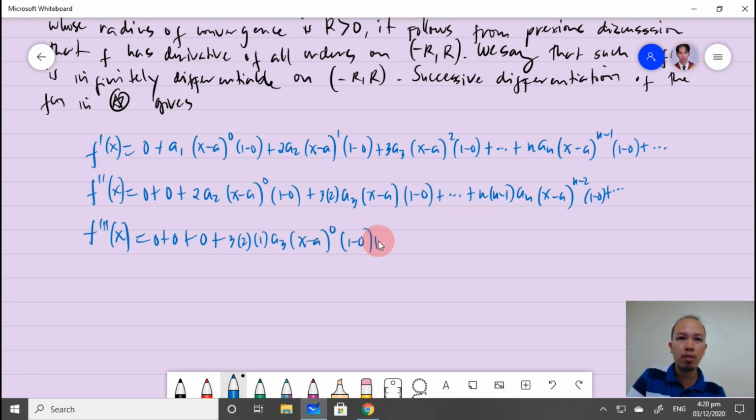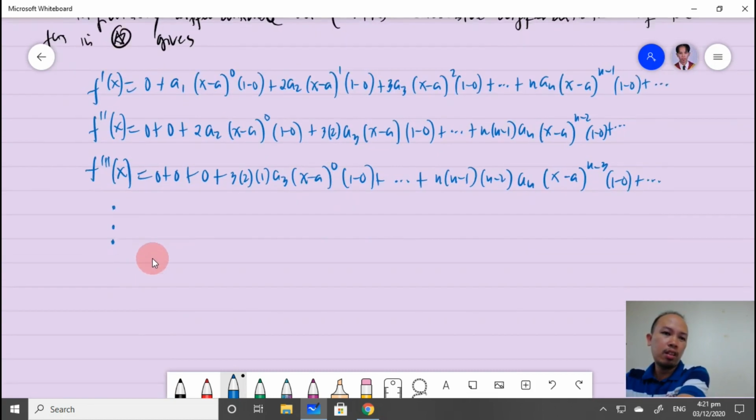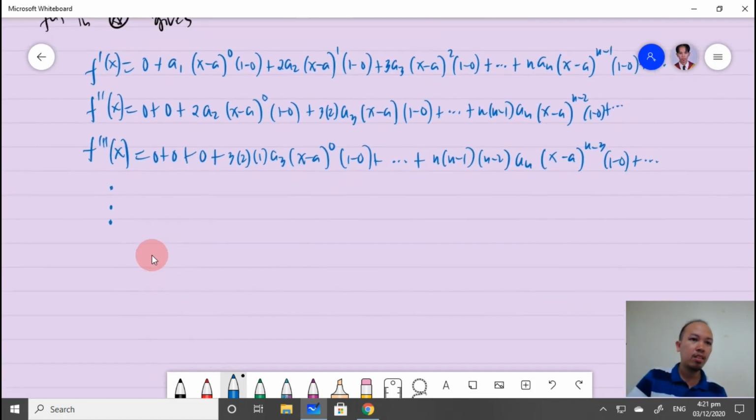This is 1 minus 0 plus dot dot dot. This one becomes n times (n minus 1) times (n minus 2) times a sub n times (x minus a) raised to the power of n minus 3 times 1 minus 0, and so on and so forth.